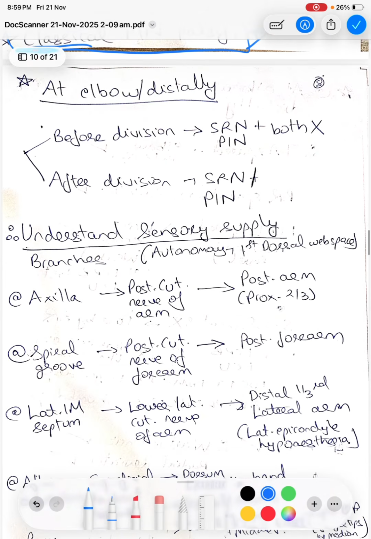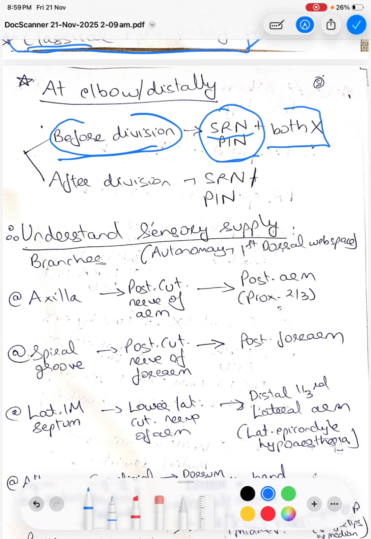Now at the elbow distally, we want to know where the lesion is. At the lateral epicondyle, the nerve divides into the posterior interosseous nerve and the superficial radial nerve. If the lesion is before the division, then the superficial radial nerve and PIN are both gone.